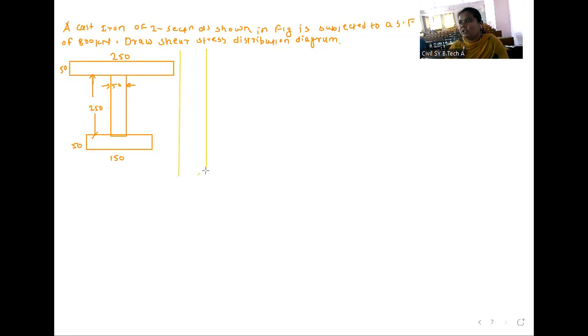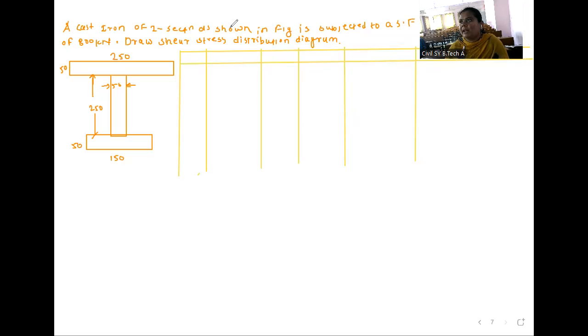So in that first is section. After that area. After that y bar for that particular section. After that ai yi. Then next ai yi square. And last one is the I self. Okay.